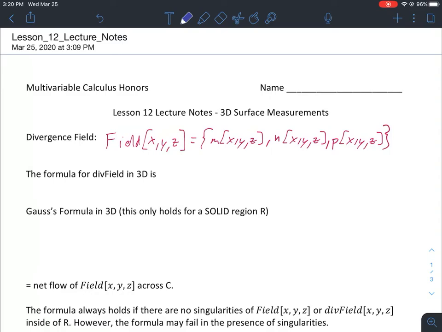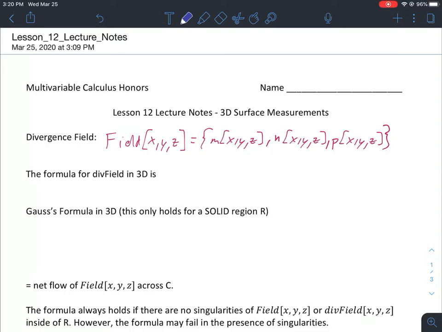So we start with a normal field, a three-dimensional field there, and the divergence formula is pretty much the same in 2D as it is in 3D here. If you remember, basically we just take the partial derivatives and add them together.